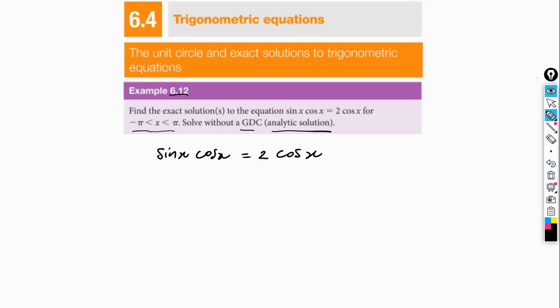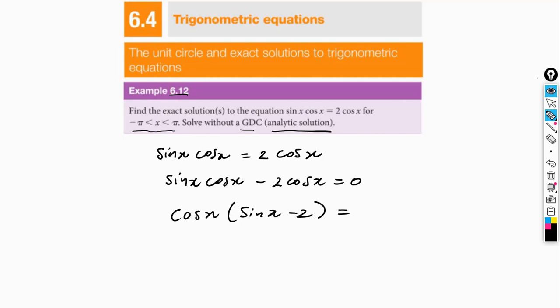Instead, what you want to do is group everything on one side. So notice that this is the same as sine of x times cosine of x minus 2 times cosine of x is equal to 0. Then we want to factor out cosine, and we're going to get cosine of x times sine of x minus 2 is equal to 0. And therefore we have two solutions.